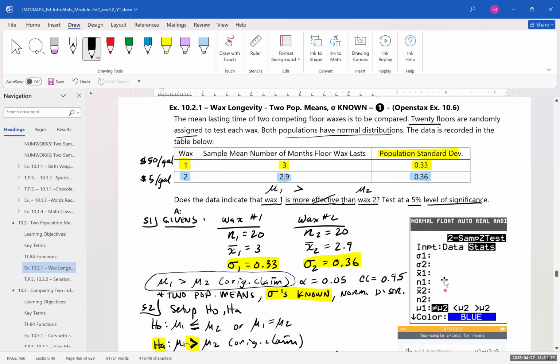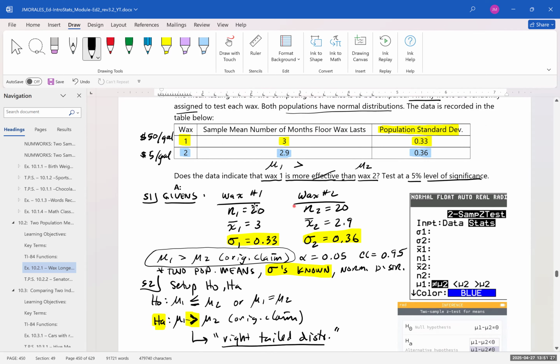Your answer is wrong. So take the time to put in the variables with the subscripts like this. Label it, keep it really clear. If you do make a mistake here in putting in the numbers, you can check and find out what the mistake was and fix it and move on with your life.